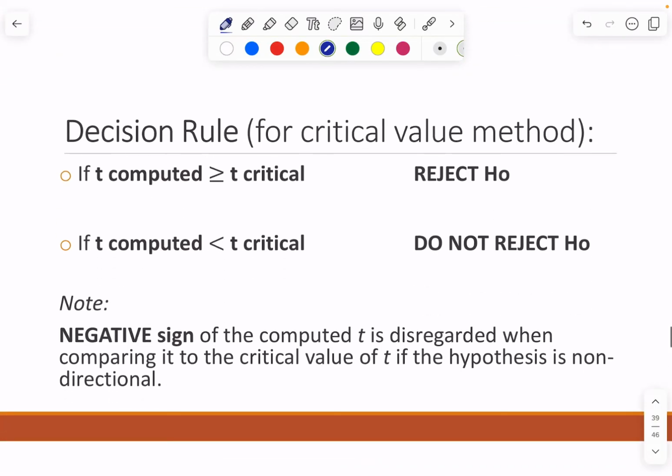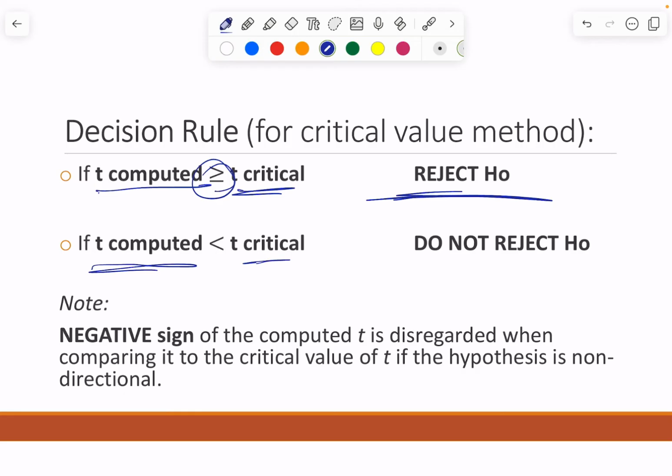And for the decision rule, it is somehow the same with z-test. If t computed is greater than your t critical, we have to reject your null hypothesis. If your t computed is less than t critical, we are going to not reject the null hypothesis, or we are going to accept the null hypothesis.